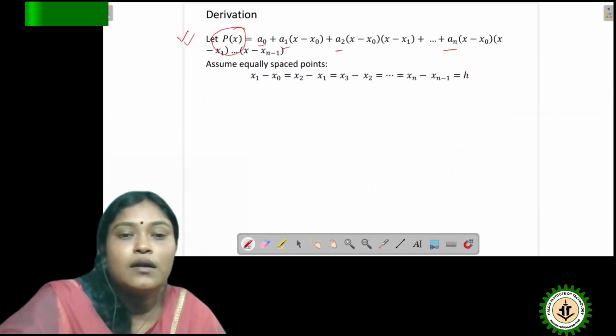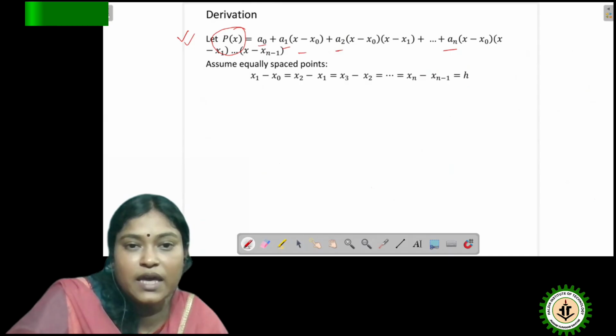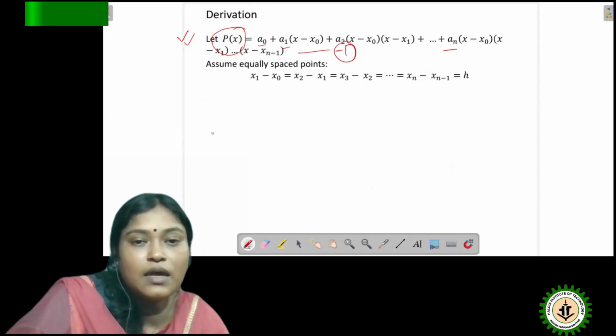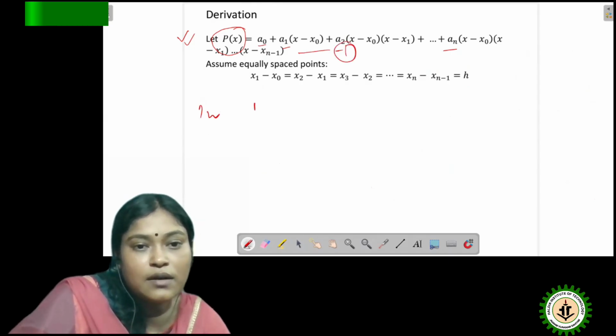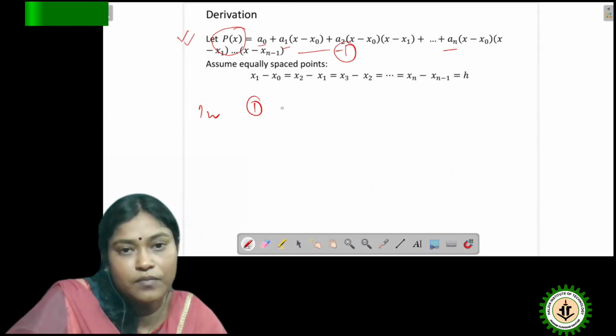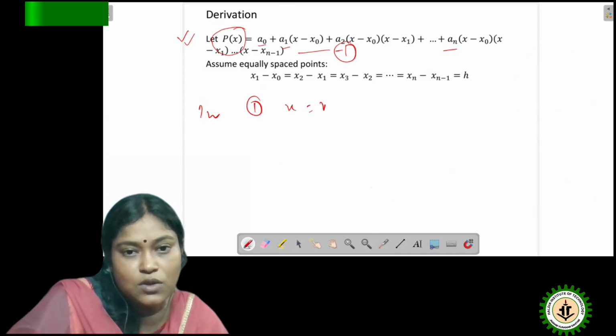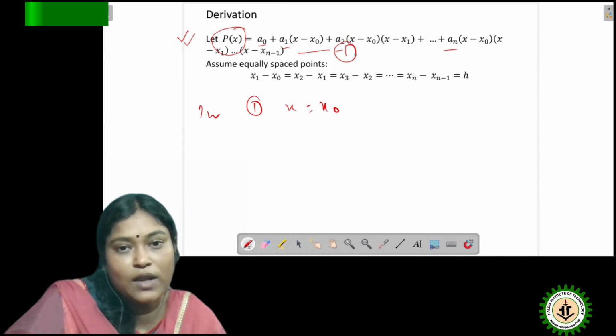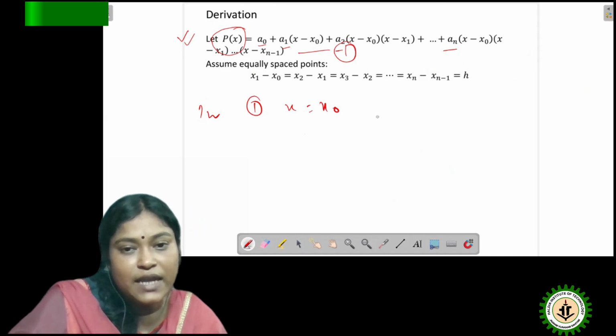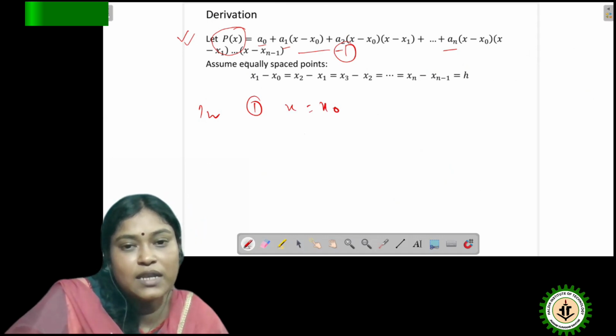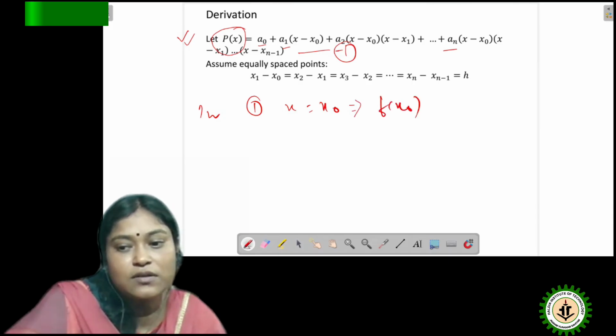Suppose this is equation number 1. Now in 1, if I put x equals x naught, the left hand side will be p of x naught. And p of x naught is nothing but f of x naught.